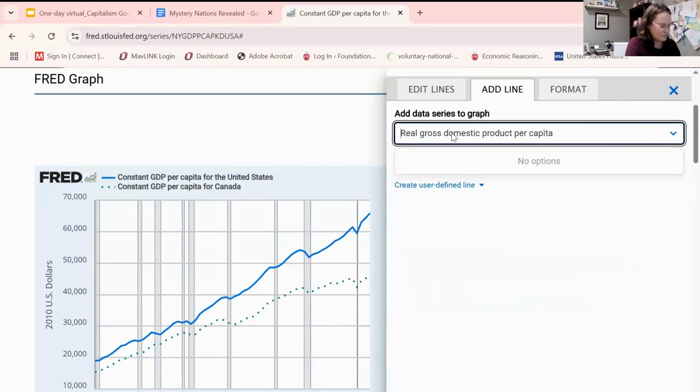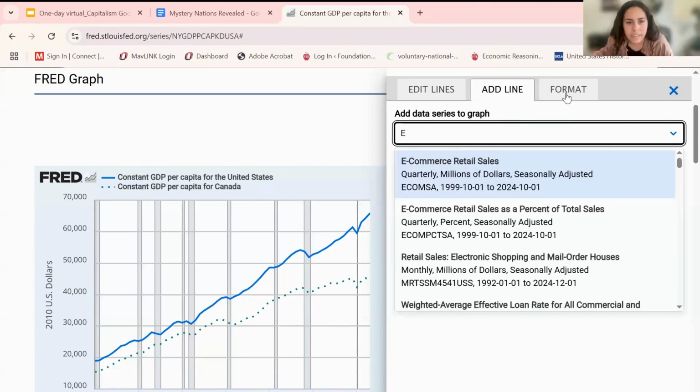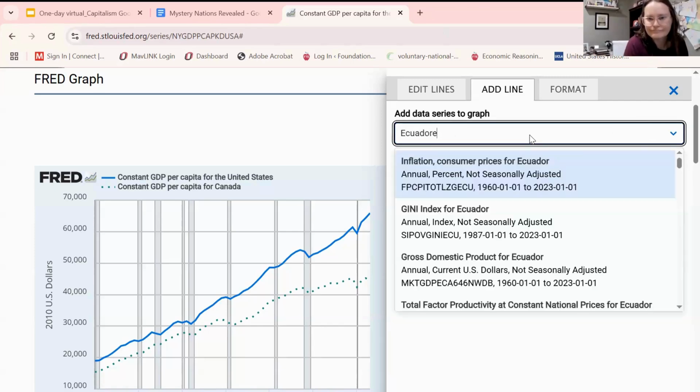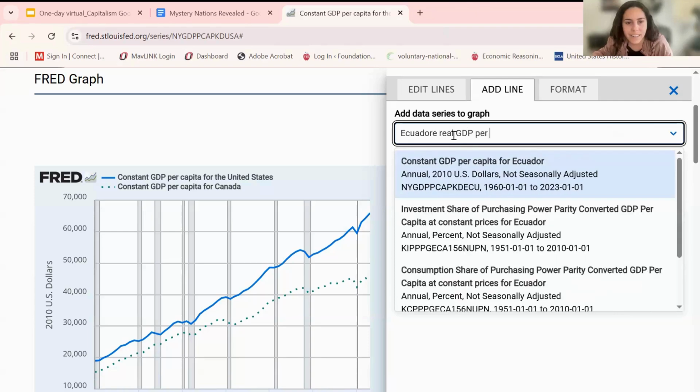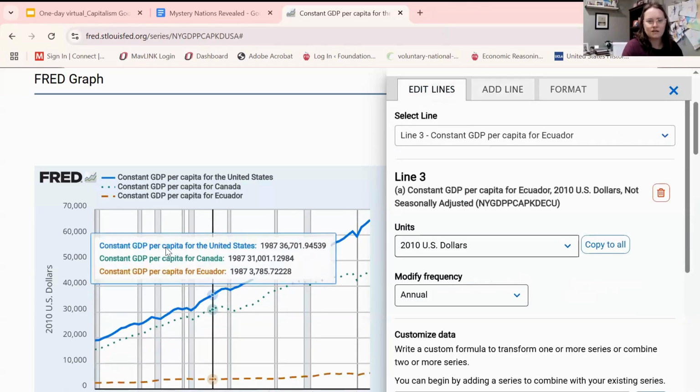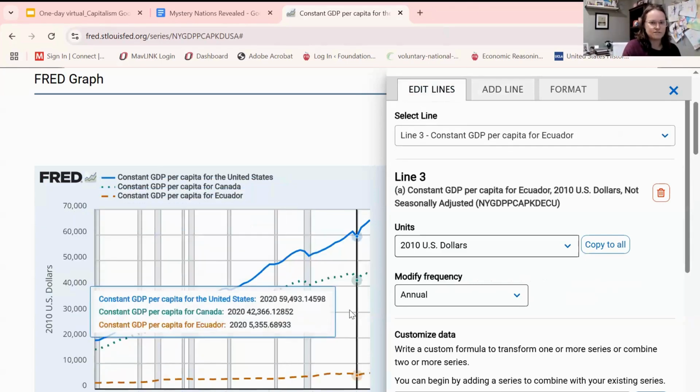I think it's ECU. There we go. So you can add it in and you can see how it is.